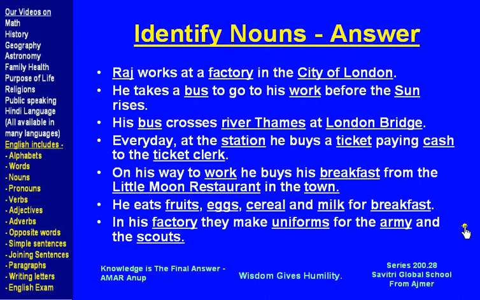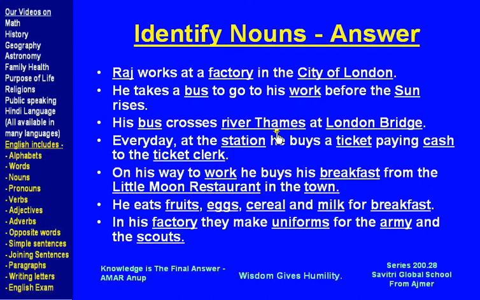And here are the answers. Some nouns were common nouns like bus, like factory. Some nouns were proper nouns like Raj, a person's name, London Bridge, River Thames.